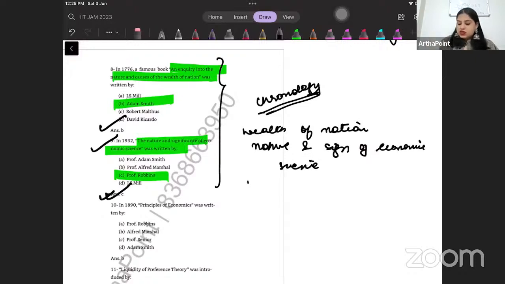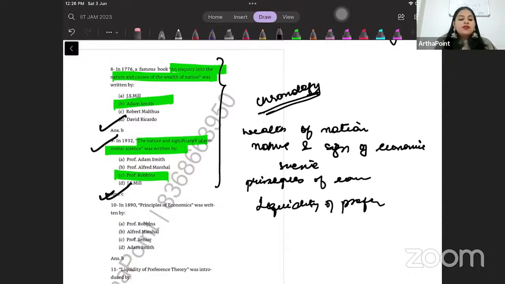Then they will give you this, Principles of Economics. And maybe they will give you, say, Liquidity Preference Theory. ऐसे करके 4 दे दिए. And they will ask you, arrange the following in the chronological order, right? A, B, C, D, ऐसे करके.